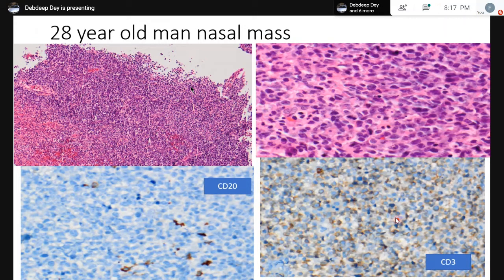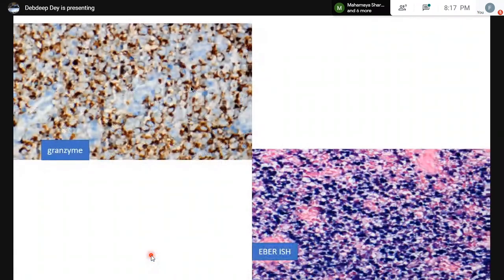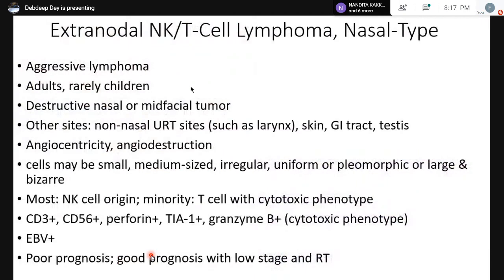It is CD3 positive, it is CD20 negative. Granzyme is positive and so is EBER-ISH. So it's an extranodal NK T-cell lymphoma nasal type. It's a very aggressive lymphoma. Adults are mainly affected and rarely children may also be affected.